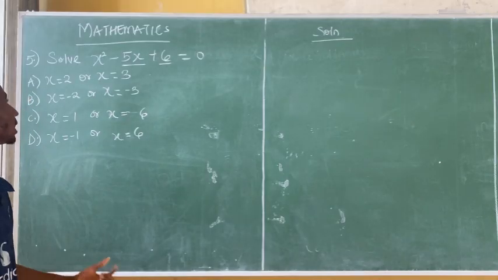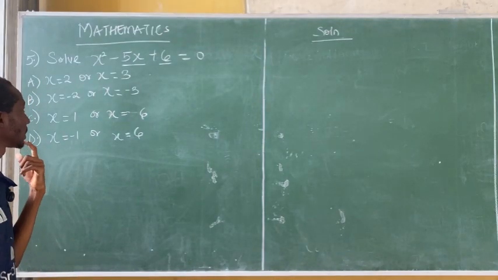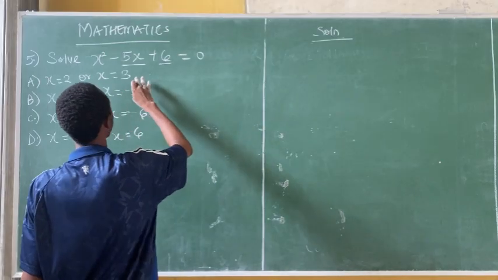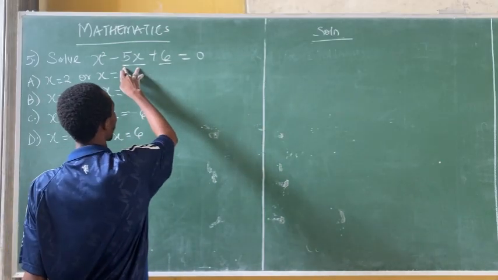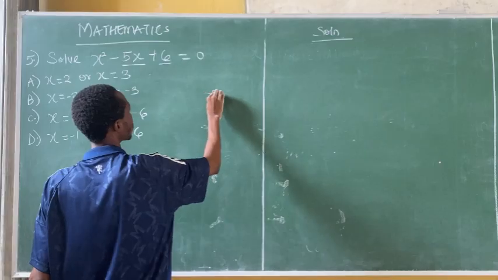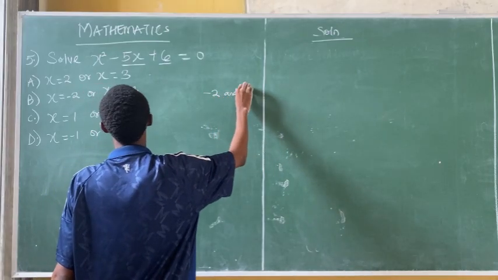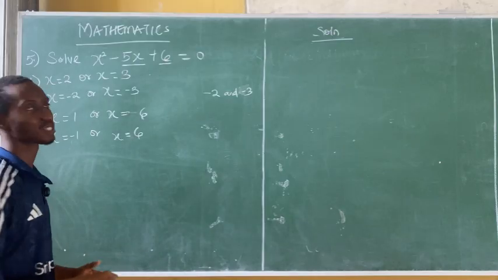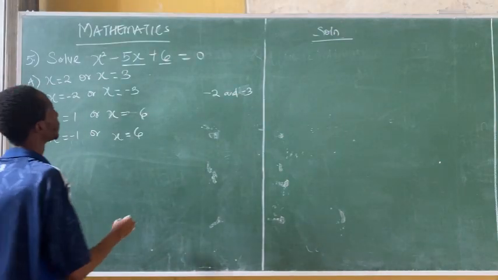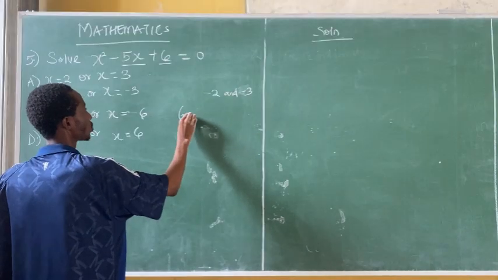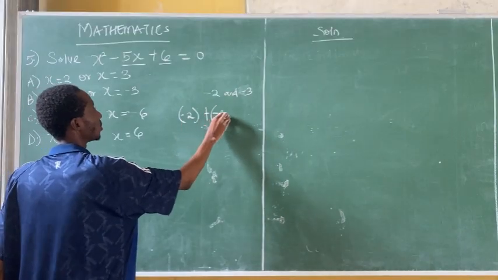So we find two numbers. Let's think of two numbers that when you add them together you get this, and when you multiply them you get this. Let's talk about minus 2 and minus 3. Let's check if it satisfies the condition. Here we have minus 2 plus minus 3.